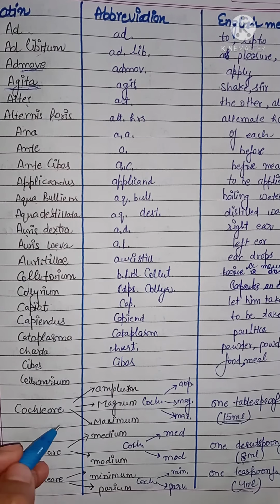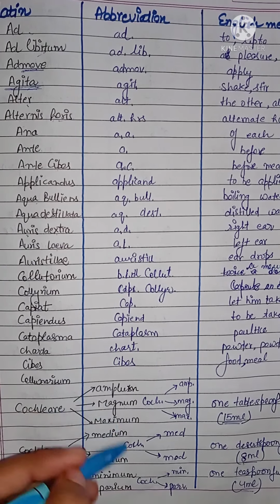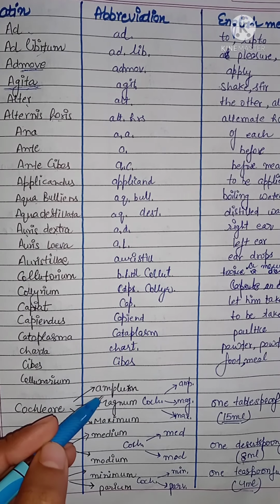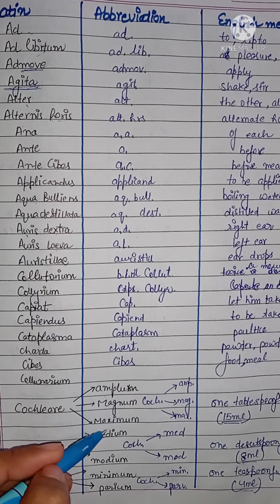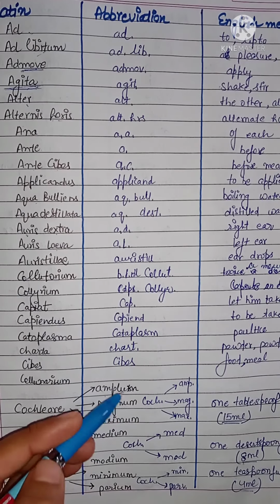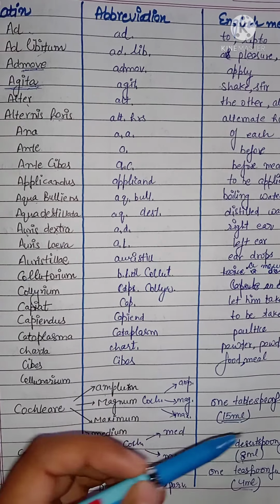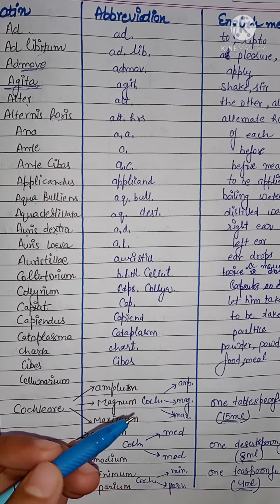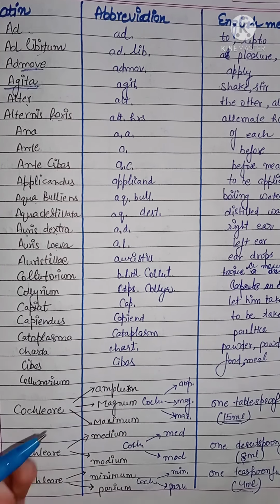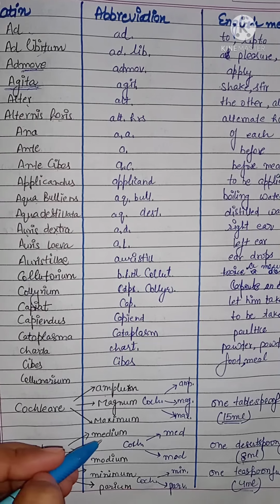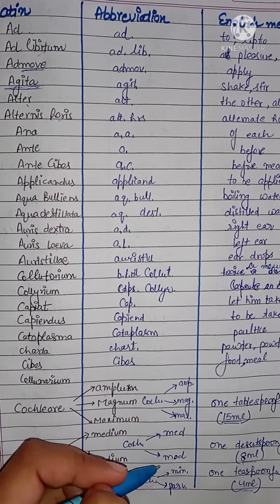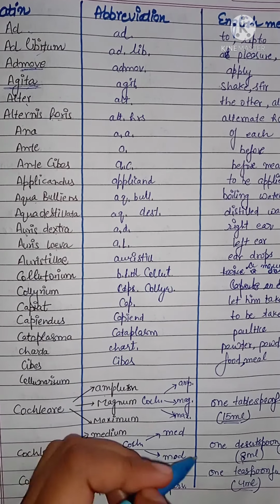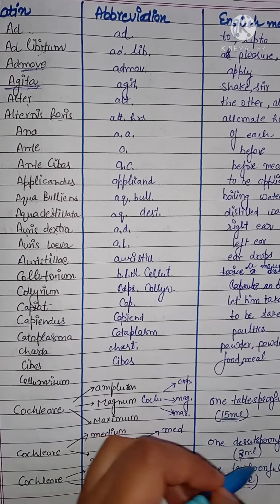Next we have cochleare. Cochleare is divided into different parts. Cochleare amplum, magnum and maximum have the same meaning, which is one tablespoonful, and the quantity of one tablespoonful is 15 ml. Next we have cochleare medium, which means one dessert spoonful, which is 8 ml.